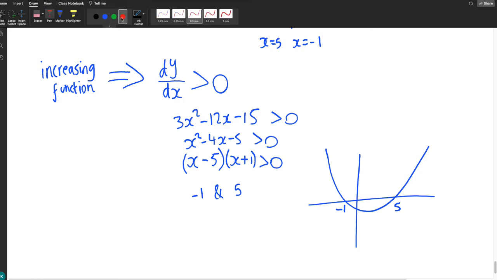We want it above the horizontal axis. So here, and this is to the left of minus 1. So that's when x is less than minus 1. And also over here, it's where it's above, and that's where x is to the right of 5. So we say or x is greater than 5.